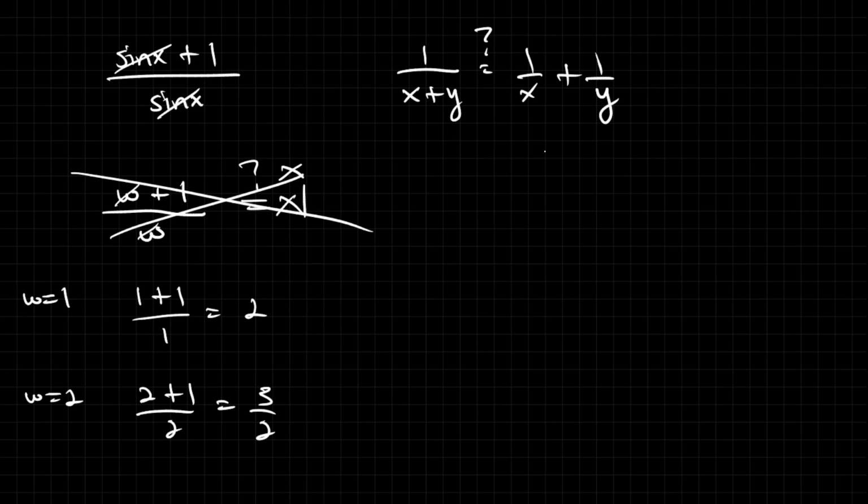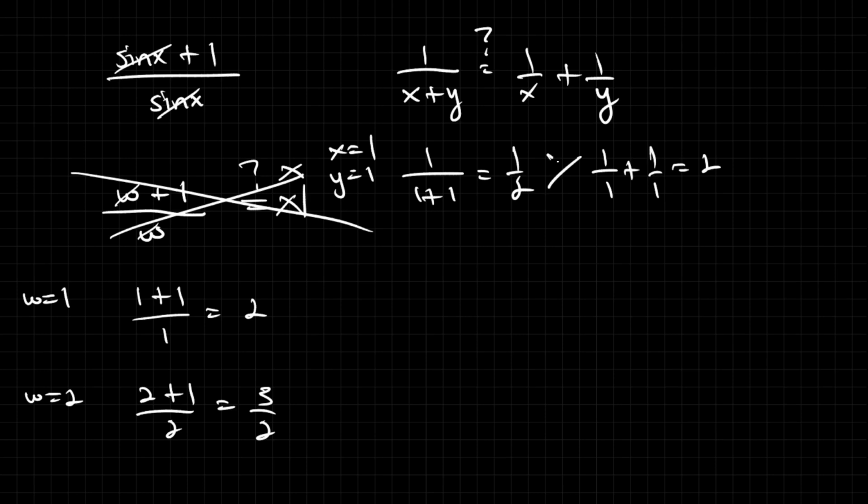Well, if x and y were 1, then this would be 1 over 1 plus 1. That would be 1/2. And is that the same as what it happens to be when x and y are 1 on the right-hand side? Well, on the right-hand side, you get 1 over 1 plus 1 over 1, which is 2. And these aren't the same thing. And so I then convinced myself, I said, oh, better not do that. And then I never made that mistake again. I went on to make other sillier mistakes.